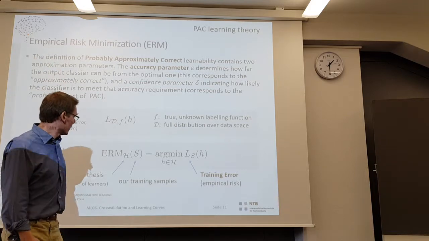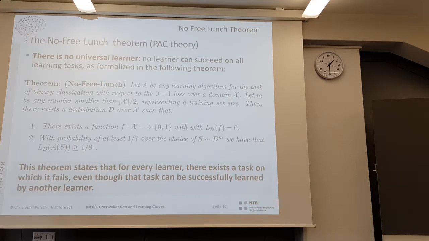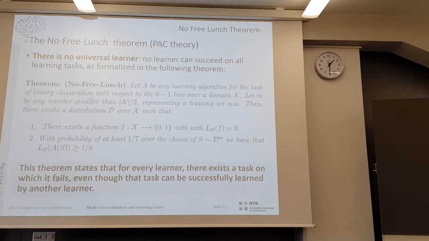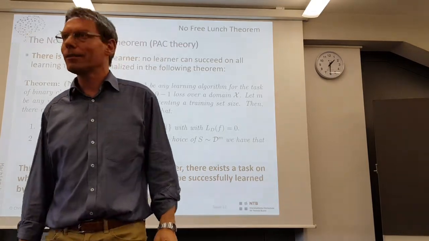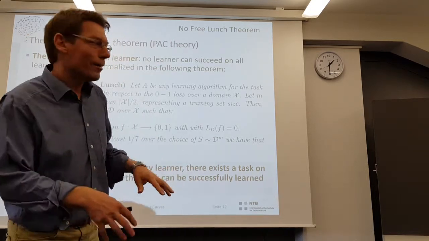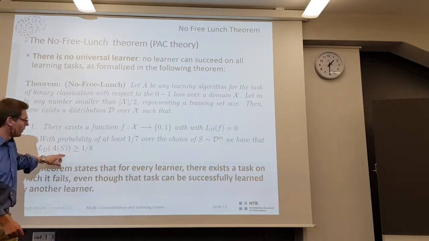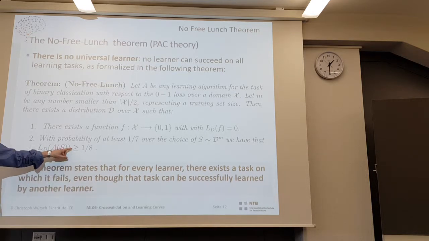Now the bad story is here. That's the no free lunch theorem. There's no universal learner. No learner can succeed on every learning task, as formalized like this. This is now a little bit theoretical, but it's amazing. If you give this learner a little bit less than half the data, you can always construct out of this data a subsample where this learner performs really badly, where the loss function on the given data set is bigger than 1/8.